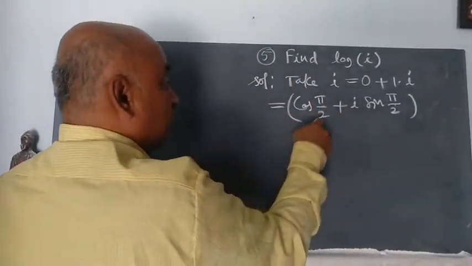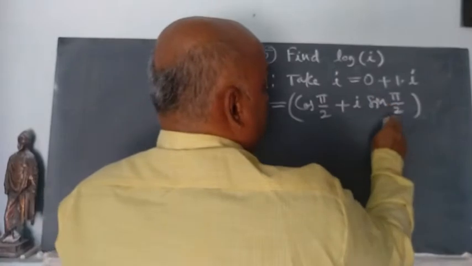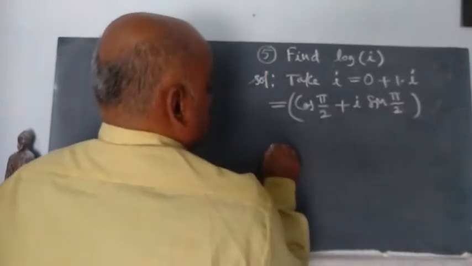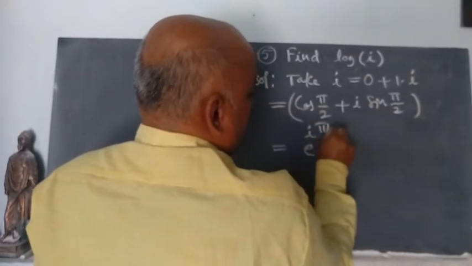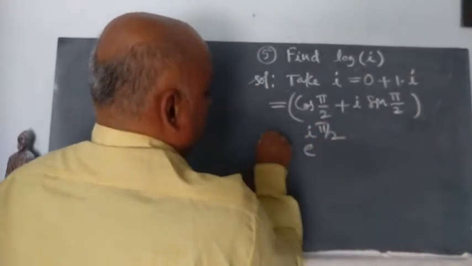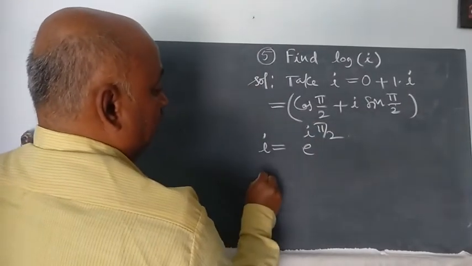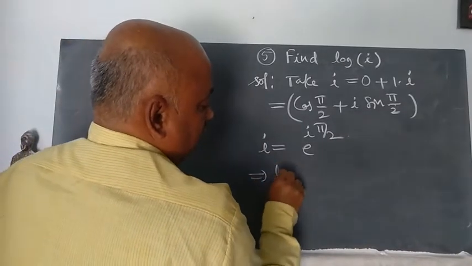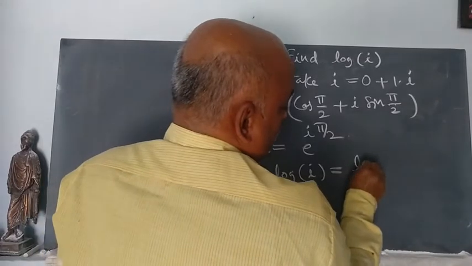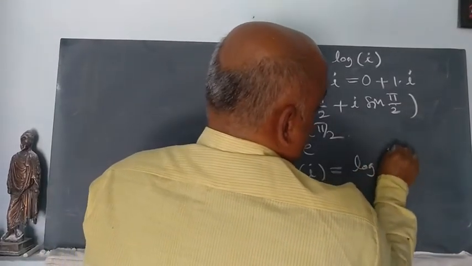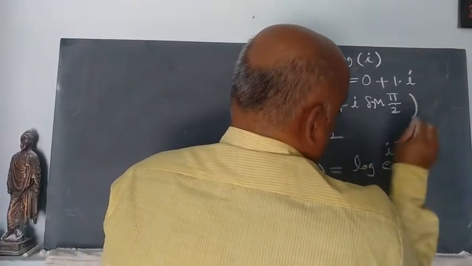Cos pi by 2 value is 0, sin pi by 2 value is 1. So this is equal to e to the power of i pi by 2. This implies log of i is equal to log of e to the power of i pi by 2.